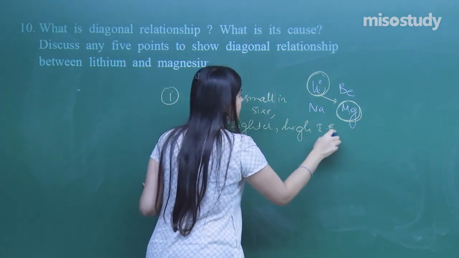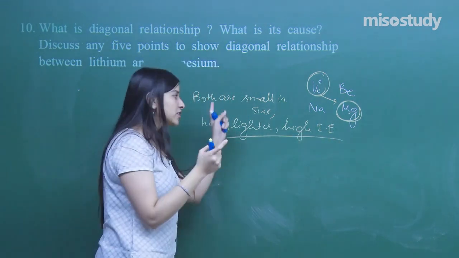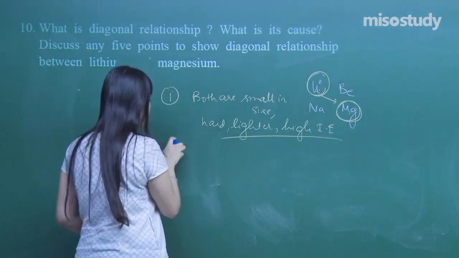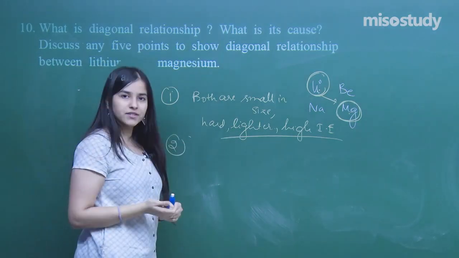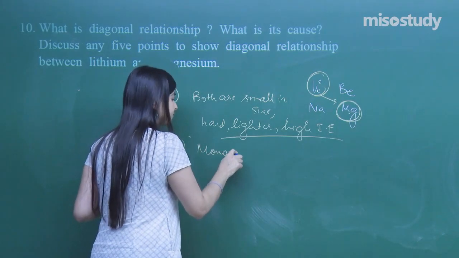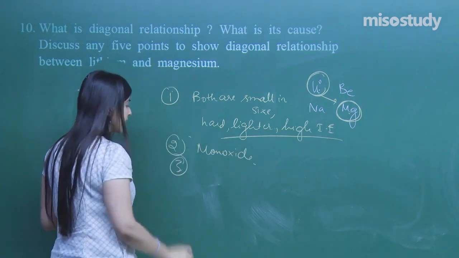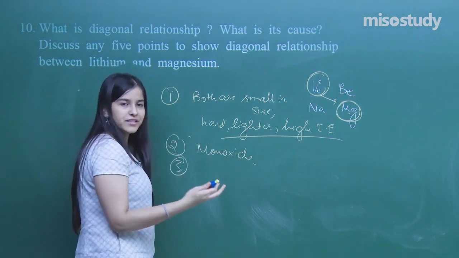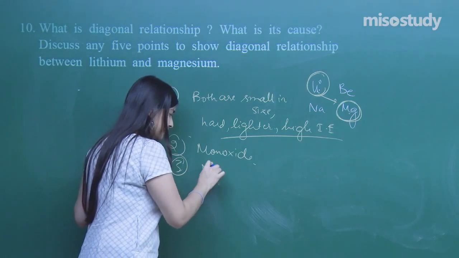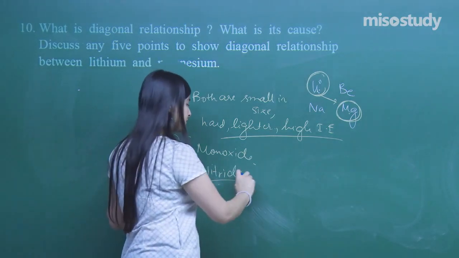Don't separate these points; you can write this in only one point because each one is interrelated. Next, both of them form the monoxide. Third, both directly react with nitrogen, nitride formation.